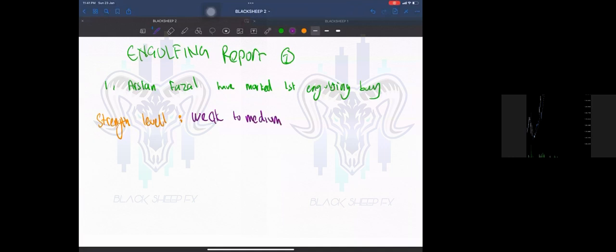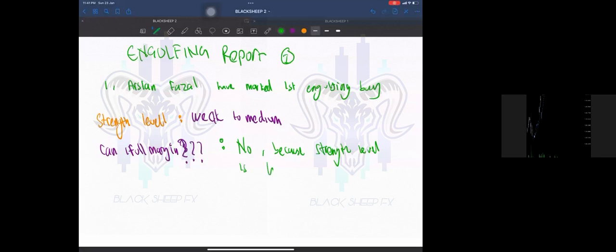So can I full margin? Now you have to write a report. No, because strength level is weak.